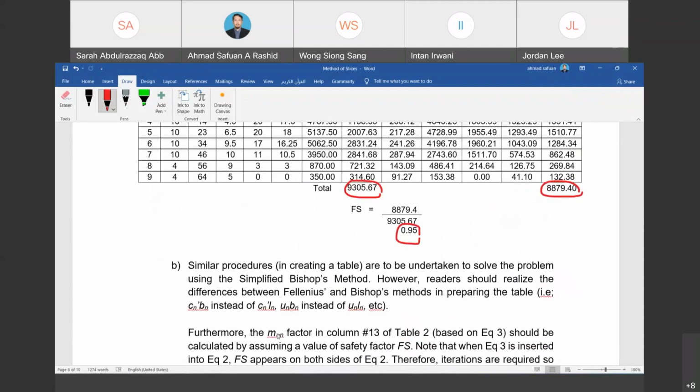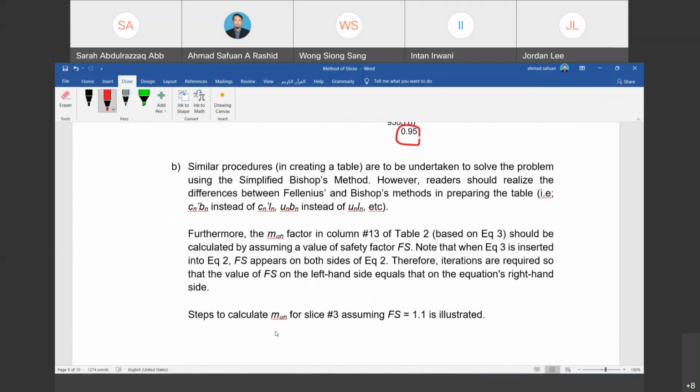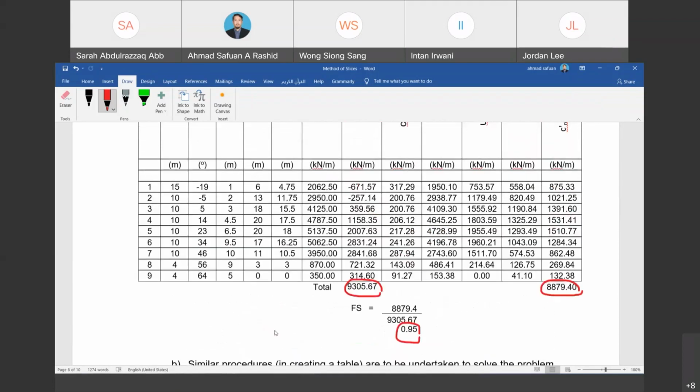Then for the Bishop method, it is the same procedure. To retain the most optimum point of origin, as I told you previously, we may refer to the chart that I discussed in our previous class.